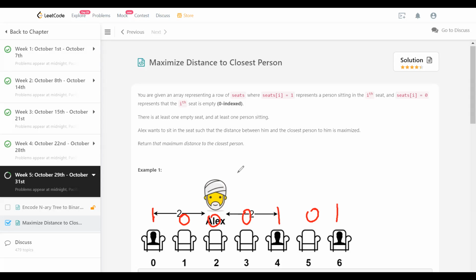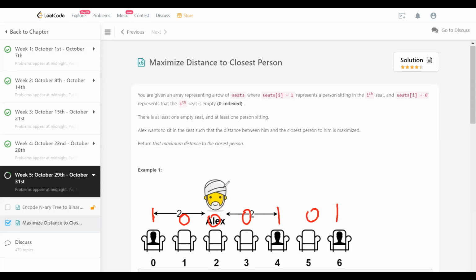See, Alex wants to sit in a place where there is a zero. There is at least one zero so that Alex can sit, and there is at least one person already sitting, so that there is a meaning to this maximum distance. Now, if we can find a range of zeros, that means we have a range of empty seats, and Alex would like to sit at the middle of them, so that he is as far as possible from the closest person.